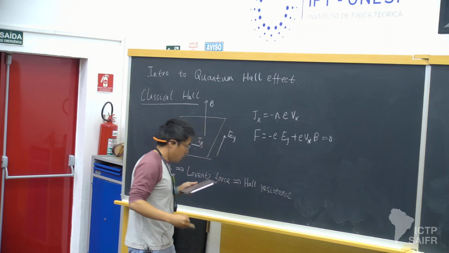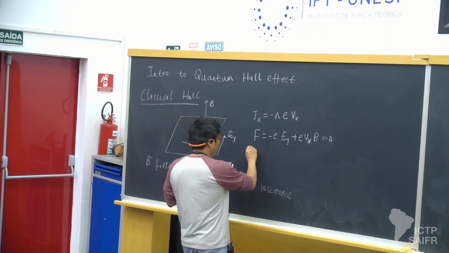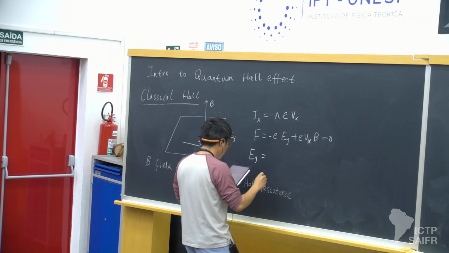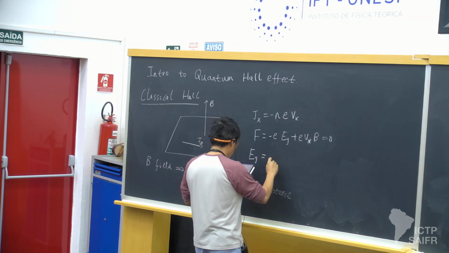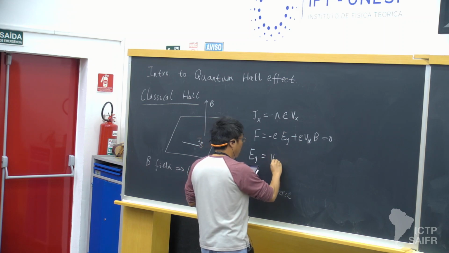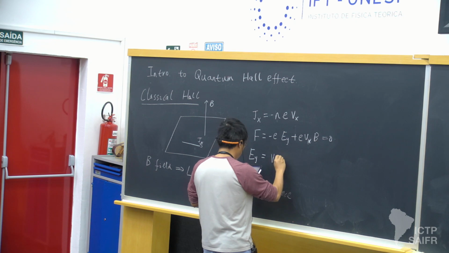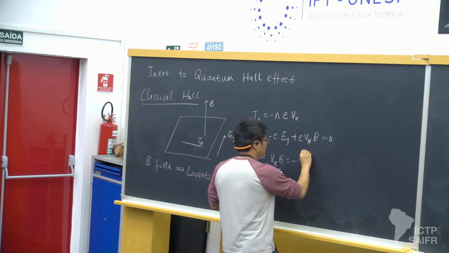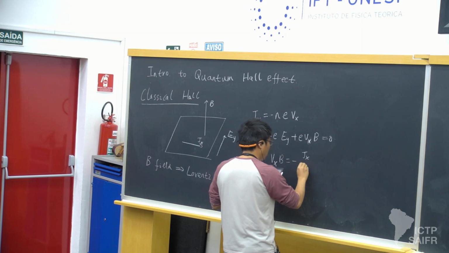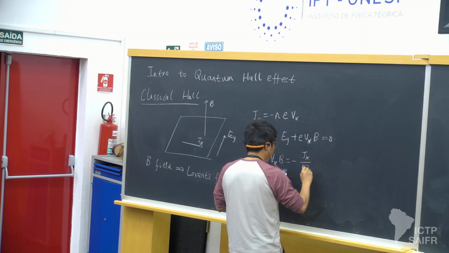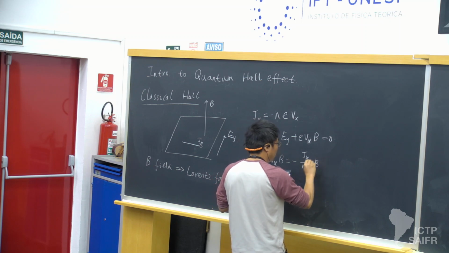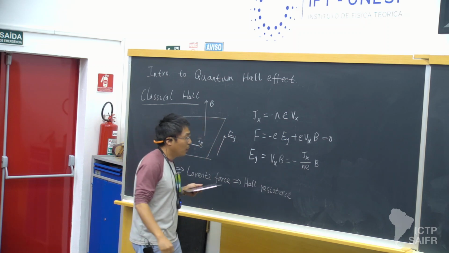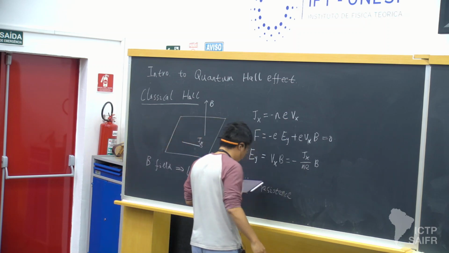This gives me the relation that my electric field Ey should equal Vx times B, that is, minus Jx over n times e, multiplied by the magnetic field strength, right? That is what we know from high school.